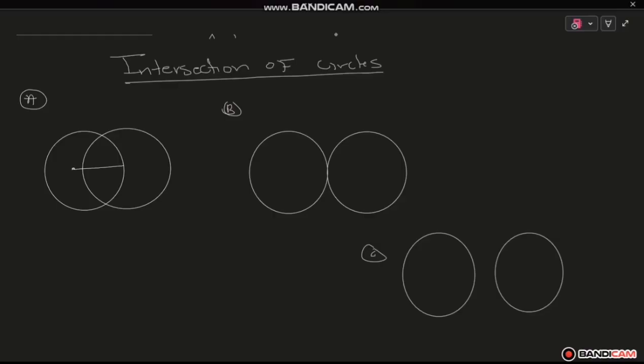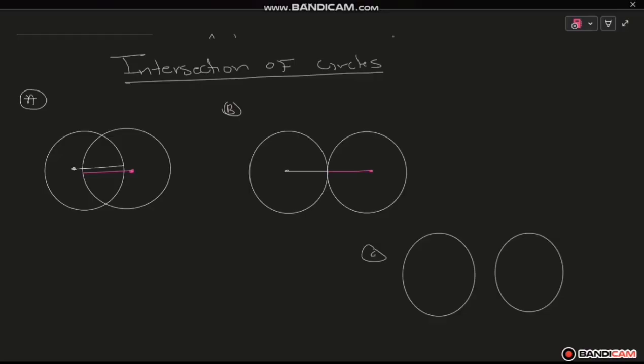So this is the center, and that white line you see on your screen is the radius. Let me use another color to draw the radius of the other circle. So this is the center over here, and this is the radius. This is also the radius of the second circle.